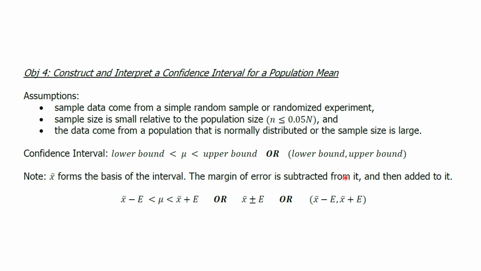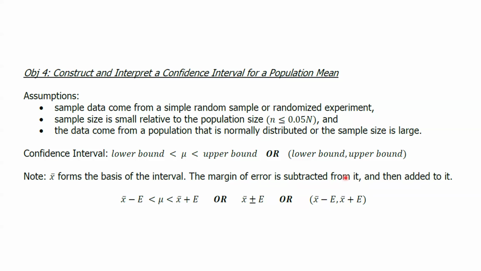Second, the sample size is small relative to the population size, so our sample size is less than or equal to 5% of the population size. And three, the data came from a population that is normally distributed or the sample size is large. So we need random sampling, a small sample compared to the population, and either a normal population or a large sample size.